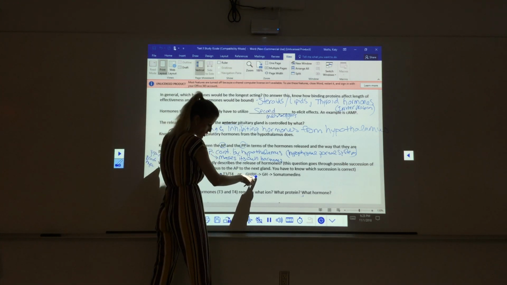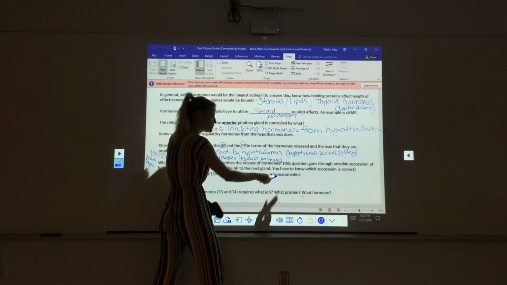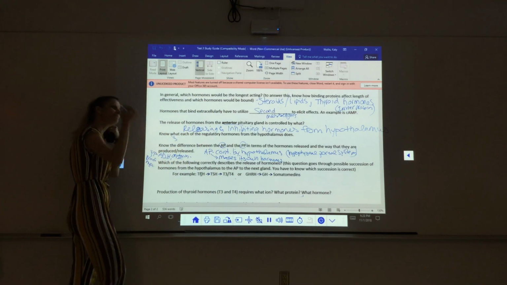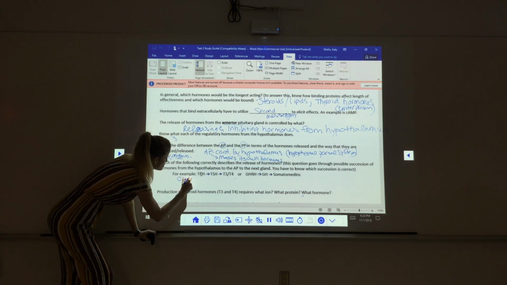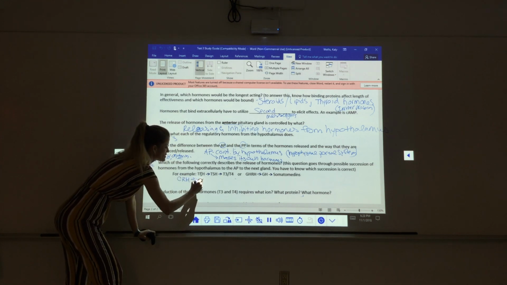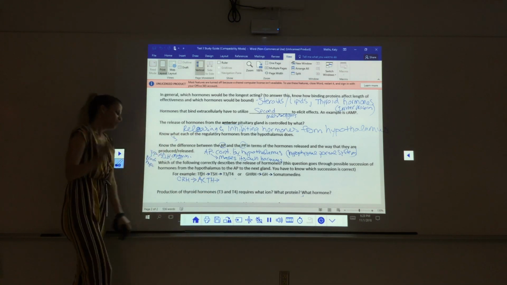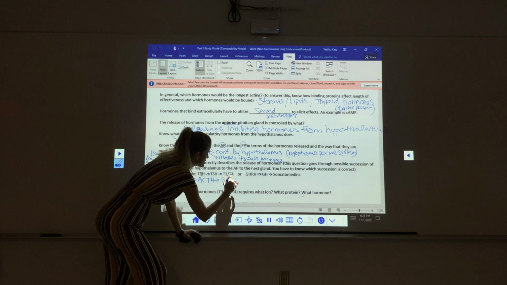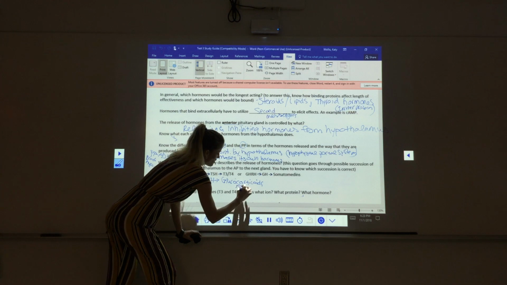Growth hormone releasing hormone goes from the hypothalamus to the anterior pituitary, where we release growth hormone. That goes to the liver and we release somatomedins. Does that sound correct? Good. The other long one that we talk about is corticotropin-releasing hormone, CRH, from the hypothalamus. It causes the release of ACTH, adrenocorticotropic hormone, from the anterior pituitary, and then that causes the release of glucocorticoids, and really also androgens from the adrenal cortex.